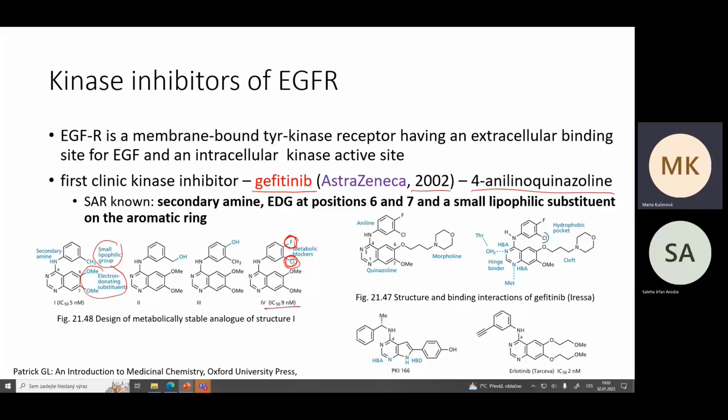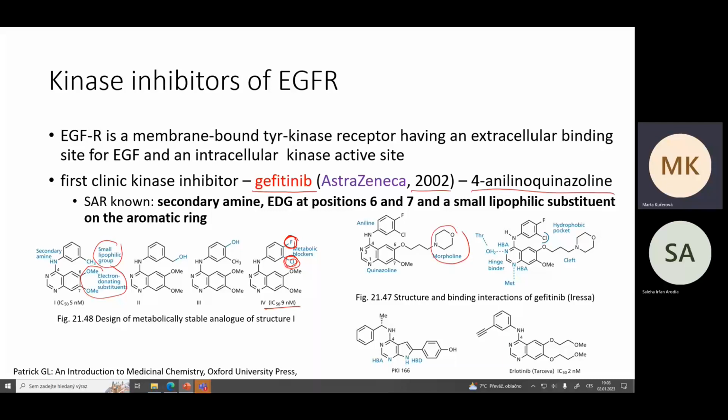So very active compound was obtained, and there was further optimization on the methoxy groups in position 6 and 7, where the electron donating groups were required, and there was morpholinyl propyl substituent, propyloxy substituent introduced.